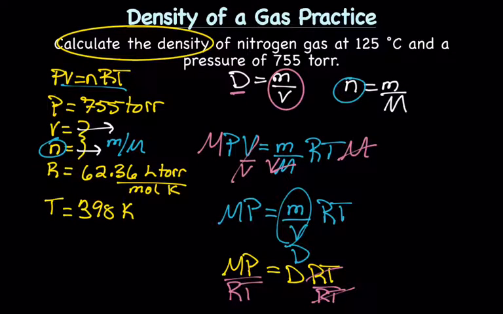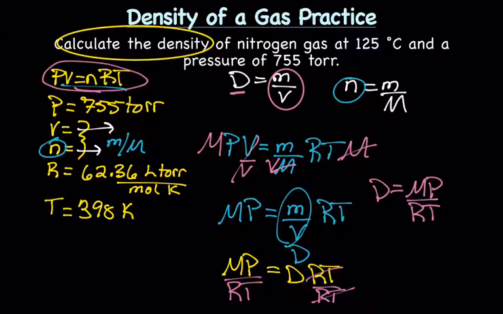We've got density equals molar mass times pressure over RT. So we have now taken our ideal gas law and rearranged it to calculate for density. Okay, let me erase all of this so we can now plug and chug.